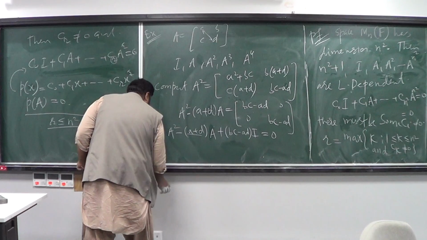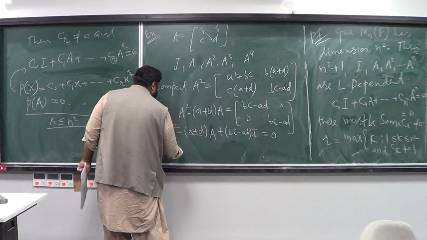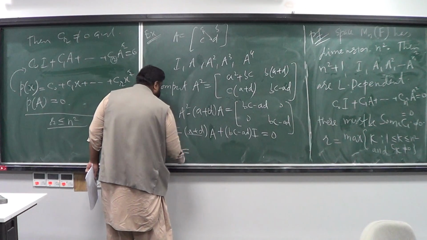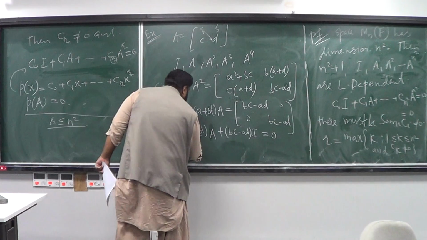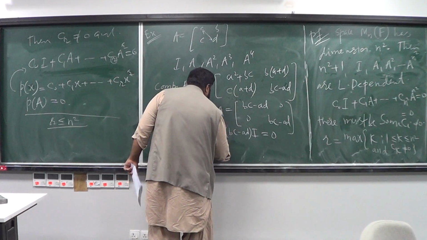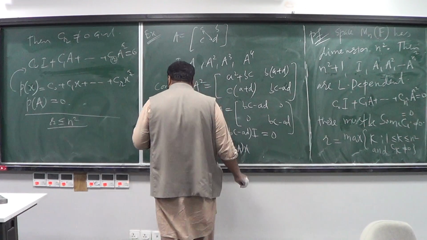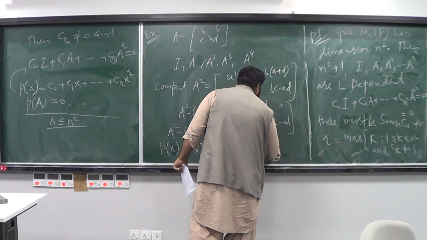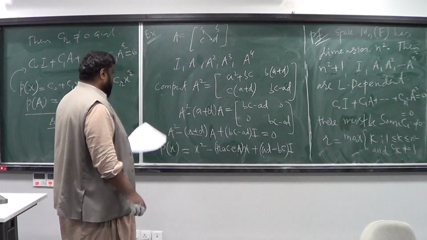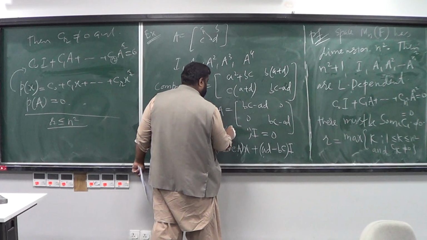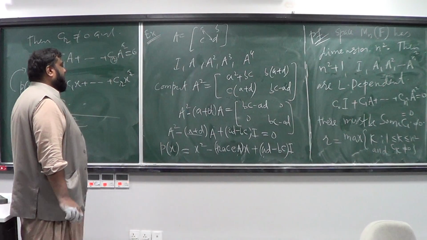So I can say that for any given 2 by 2 matrix, the polynomial that annihilates it is x square minus the trace of the matrix A multiplied by x plus AD minus BC multiplied with the identity matrix.